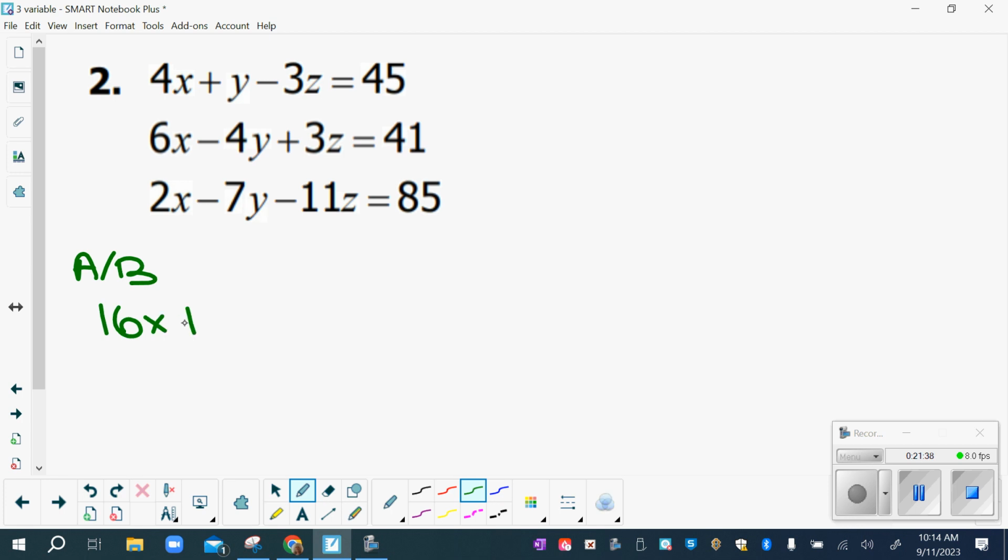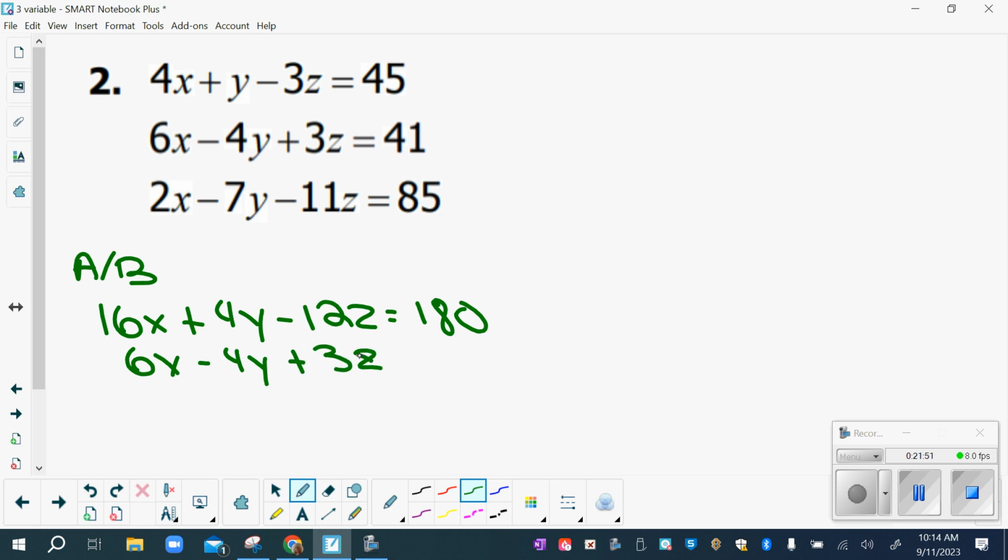16x plus 4y minus 12b equals 180. 6x minus 4y plus 3z. This looks like 41. 120.